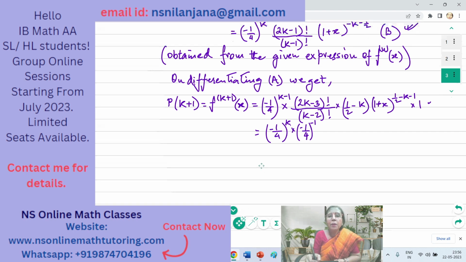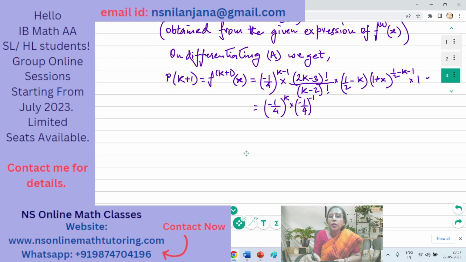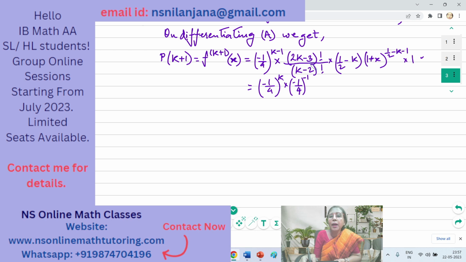Okay, now coming to the factorial part. This is the expression b. It is 2k minus 1 factorial in the numerator. Over here, we are seeing 2k minus 3 factorial in the numerator. So how can we get to 2k minus 3 factorial? We know the definition of factorial. n factorial: since it is n factorial, we start with n.